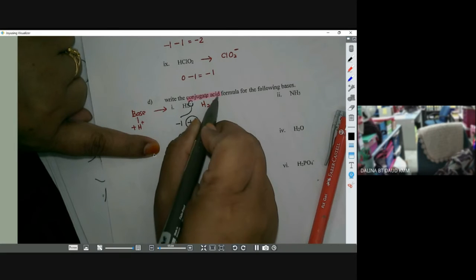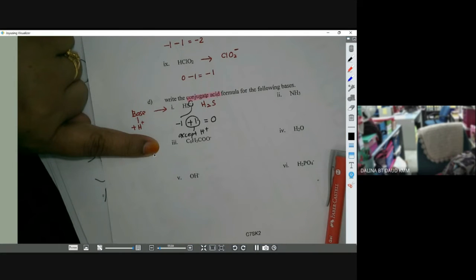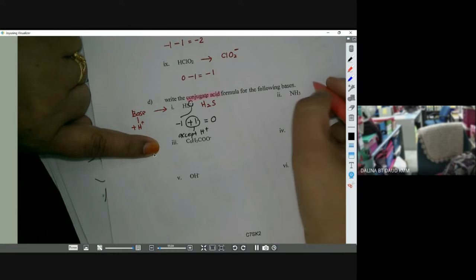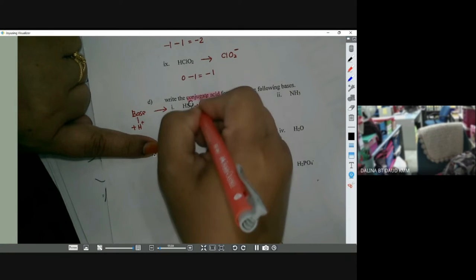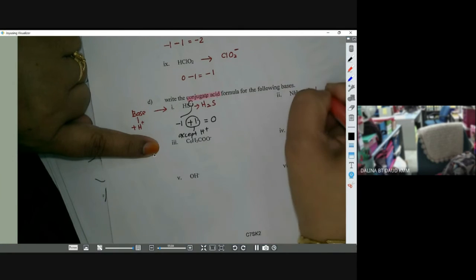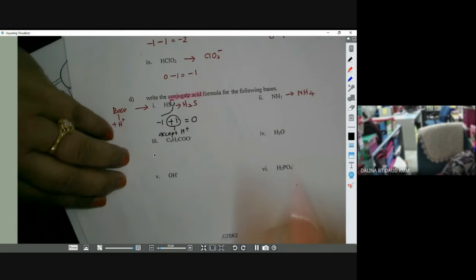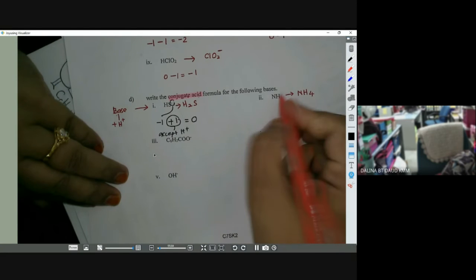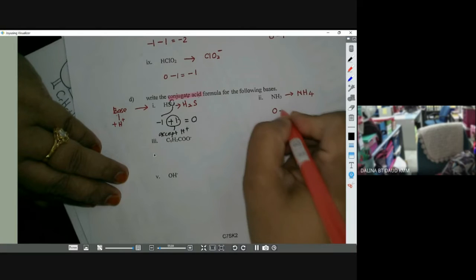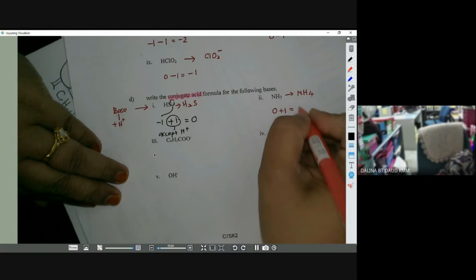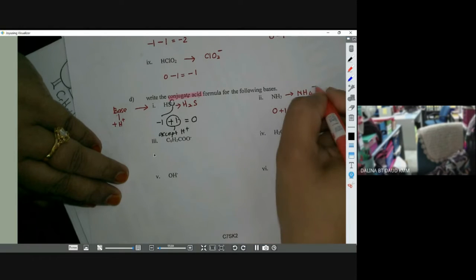So same to this one. This one it will become NH4. Kita tahu charge dia positif. NH4 is a positive. Tapi kita nak check kan. So 0 plus 1 equal to 1. So that's why it will become positive 1.